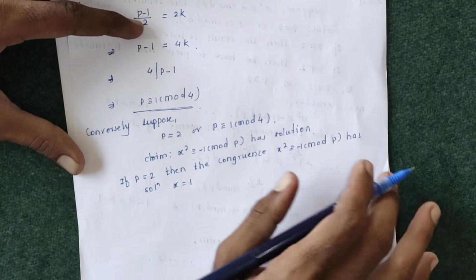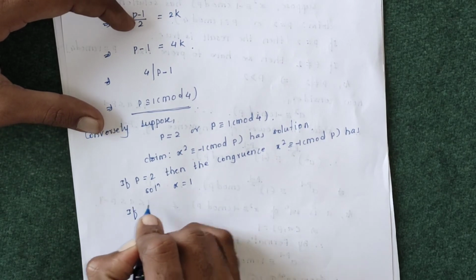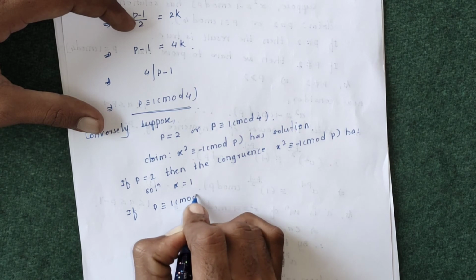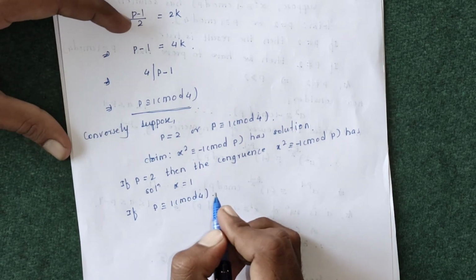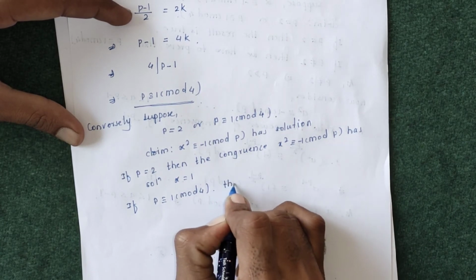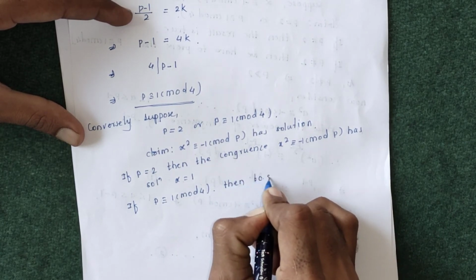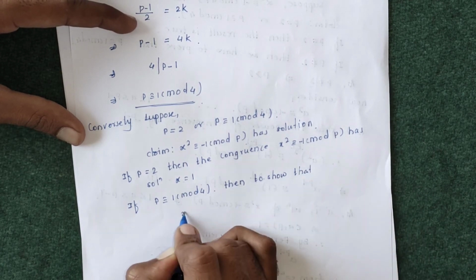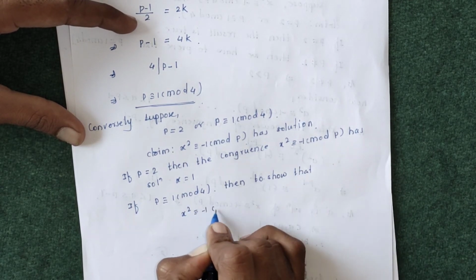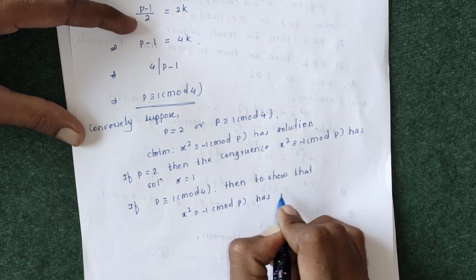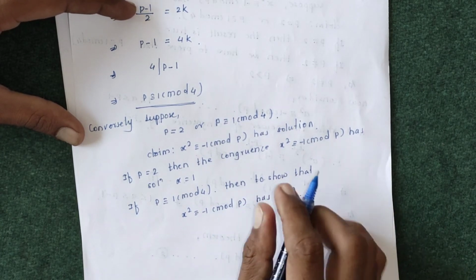Now if p is congruent to 1 mod 4, then we have to show that x squared is congruent to minus 1 mod p has a solution.